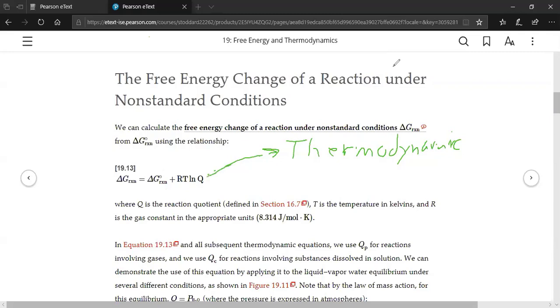Because for reactions that only have solutions, aqueous solutions, or any other kind of solutions where you have concentration, thermodynamic is the same as what we all talked about. So for solutions, we use concentration.